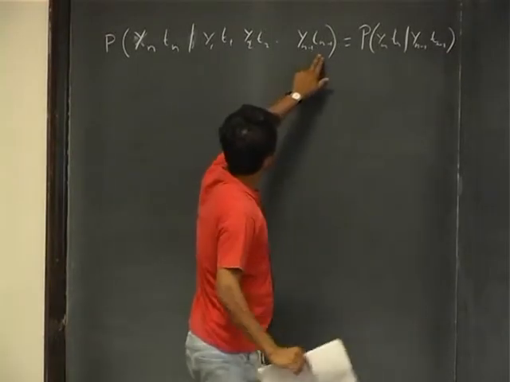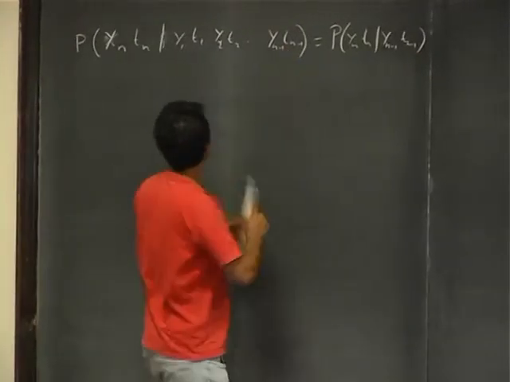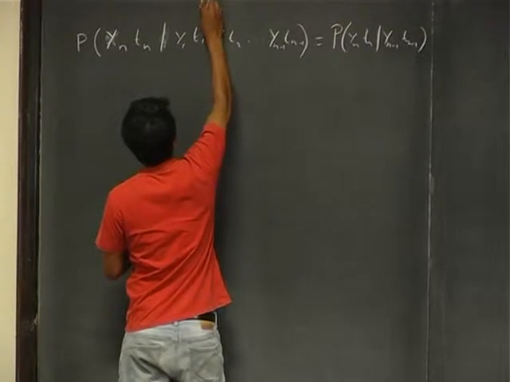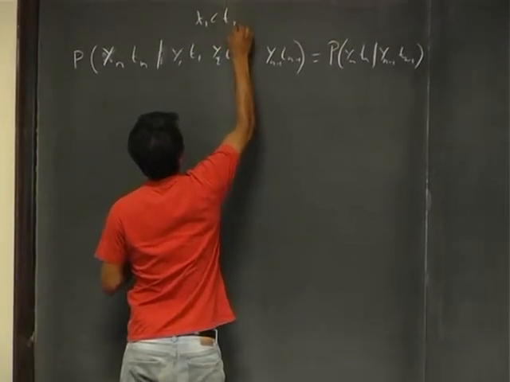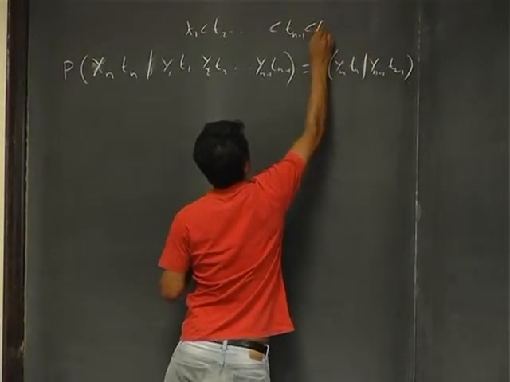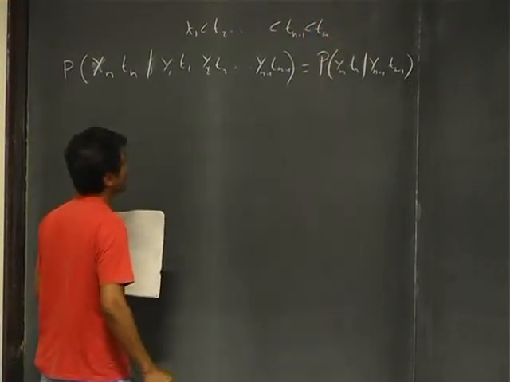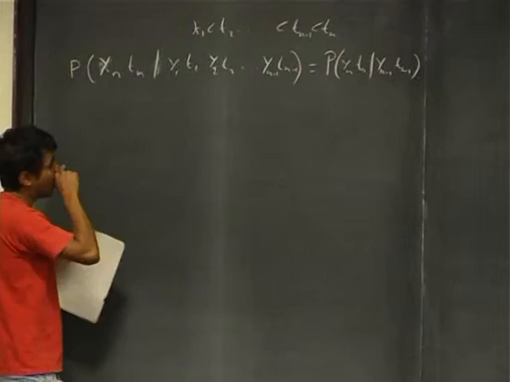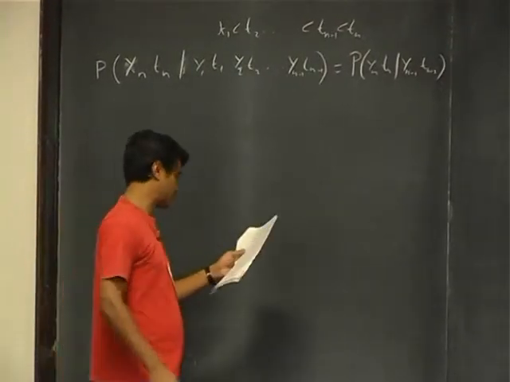Okay, so I just need information about the last time. Time is ordered, so t1 and so on. And so this is the definition of a Markov process.